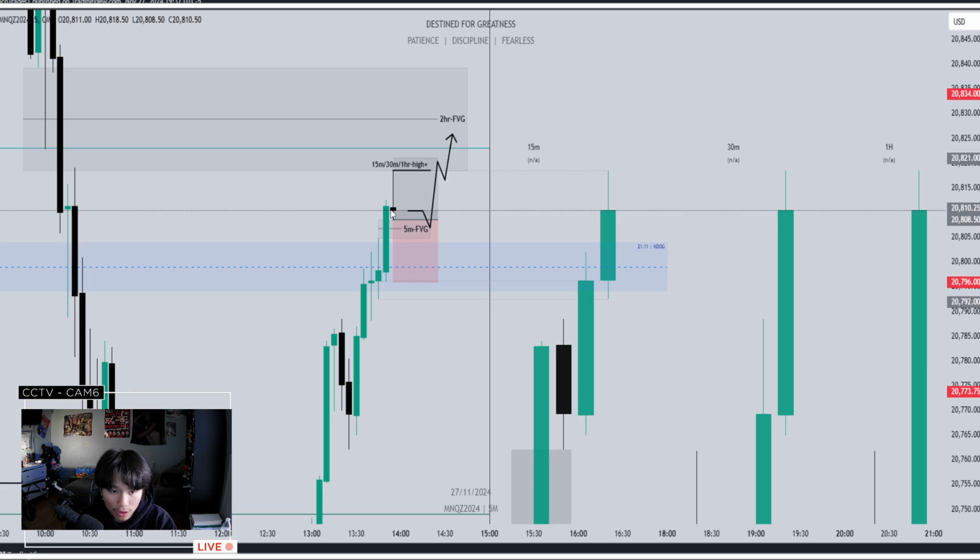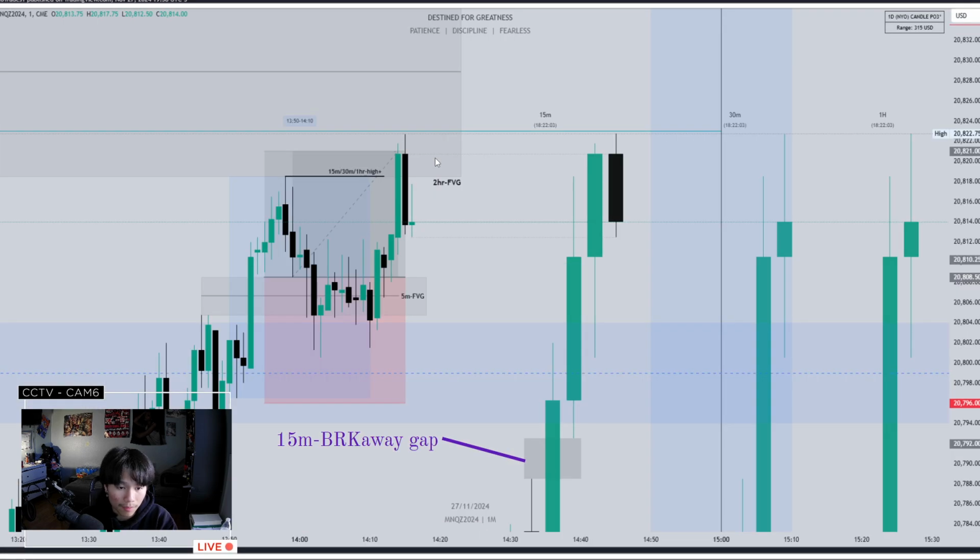This fair value gap should be treated as a gap that gets rebalanced and supports us higher. We trade into this inefficiency, take out the 15-minute high. After we take out the 15-minute high, we do end up taking out the premium of the dealing range as well. So those two scenarios are when price should respect the inefficiency, right?